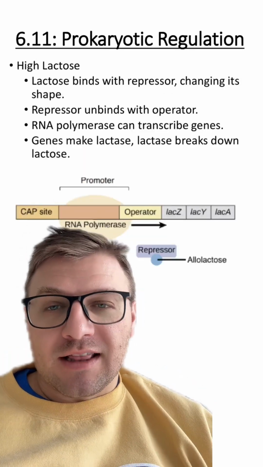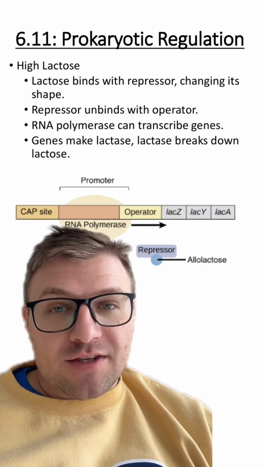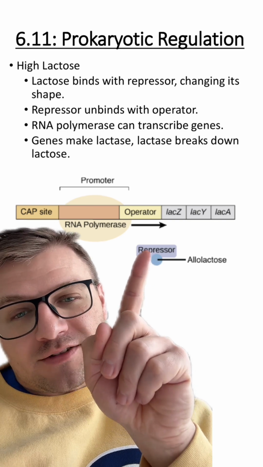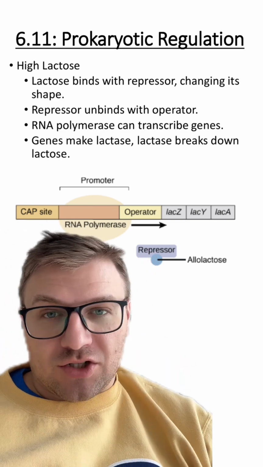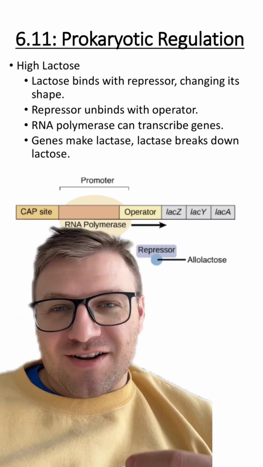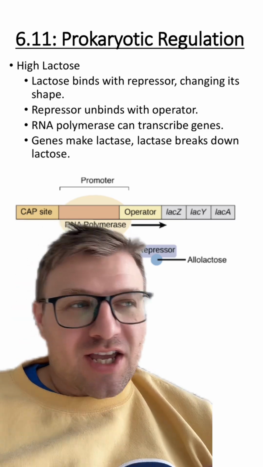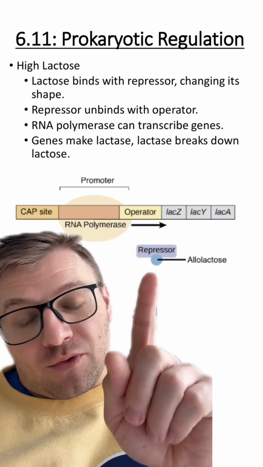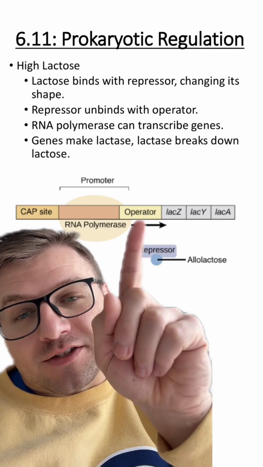Whenever there is high lactose present, now the cell needs to make lactase. So what happens is the lactose will bind to the repressor. This changes its shape. And again, this is another major theme of AP Biology. Shape determines function. So whenever you change the shape, you change the function. And thus, this repressor will unbind from the operator.